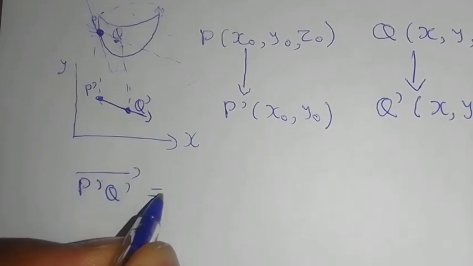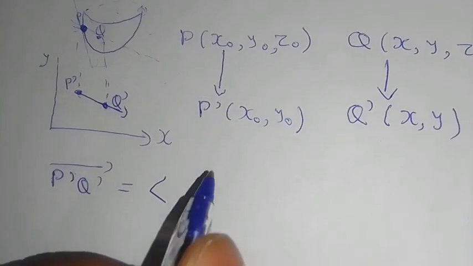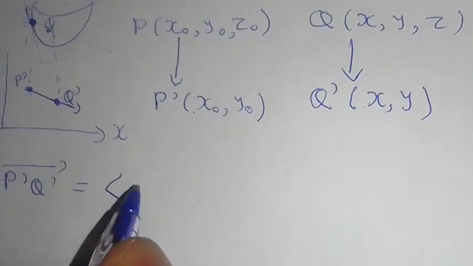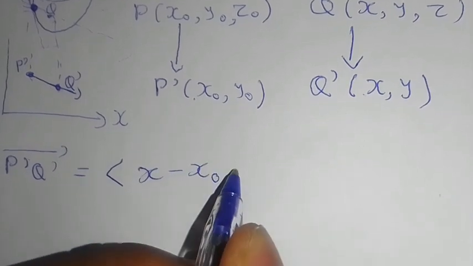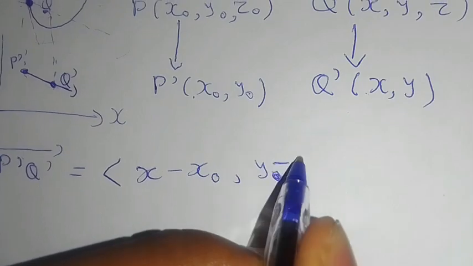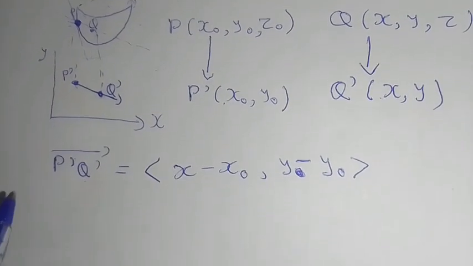Remember how you find a vector? You take the terminal and subtract the initial from it. So you just have terminal minus initial: x minus x naught, and y minus y naught. So this is our vector.